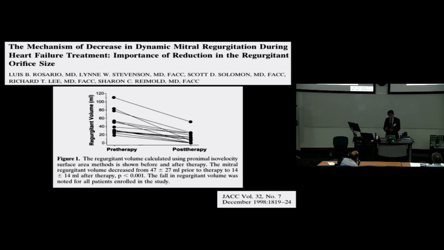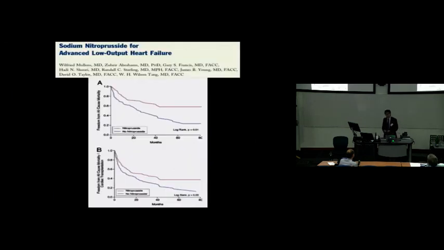And as the volume shrinks down, your regurgitant orifice area will reduce, and you reduce the severity of the mitral regurgitation. And a group from Cleveland Clinic even suggested a prognostic benefit, so they showed an improved outcome. This is based on a single center observational study with nitroprusside in acute heart failure.